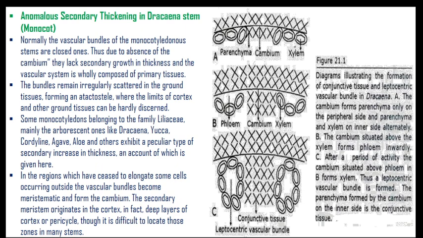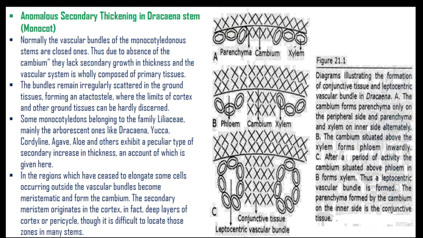Thus, due to the absence of cambium, they lack secondary thickening and the vascular system is wholly composed of primary tissues. But sometimes the bundles remain irregularly scattered in ground tissue, forming an atactostele where the limits of cortex and other ground tissue can hardly be discerned.